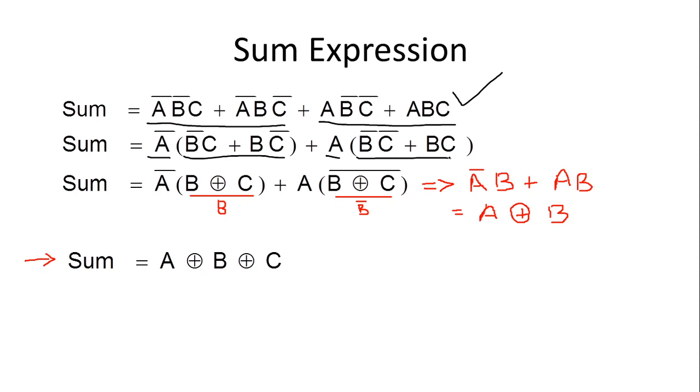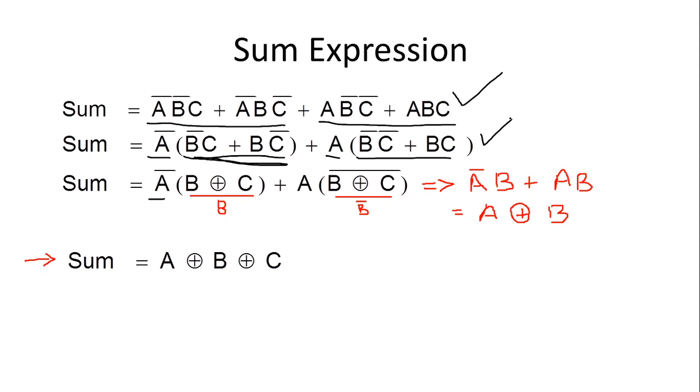So here the first term A complement remains the same, and B complement C plus BC complement is equal to B exclusive OR C, or B XOR C, and same case with the other one. Here B complement C complement plus BC is equal to B XNOR C, or we can write it like B XOR C with whole complement.